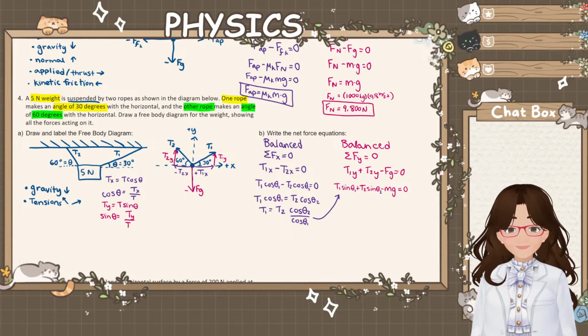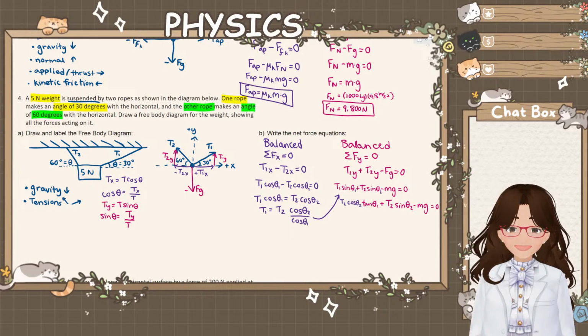So in this case, I would get T2 cosine theta 2, but then sine theta 1 over cosine theta 1 is actually just tangent, plus T2 sine theta 2 minus mg equals 0, right? And then from here, you could go ahead and isolate T2.